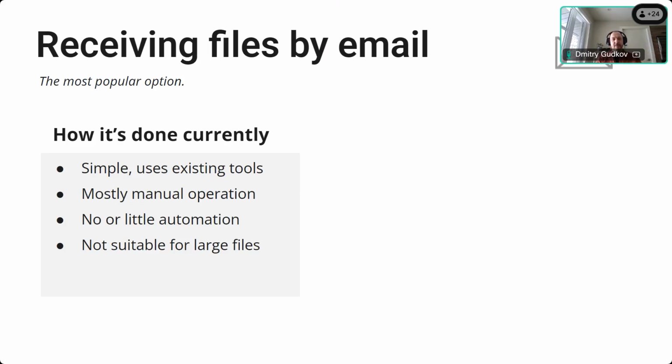You have your Exchange or Google mailbox, and you see an email arrives from someone. So you have to save those attached files into some folder, and then maybe look inside, cleanse them a bit, shape them, and then process them manually. Usually there is not much automation, or any automation at all, here.